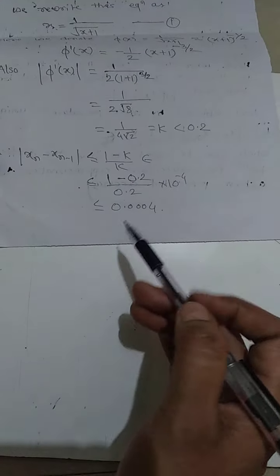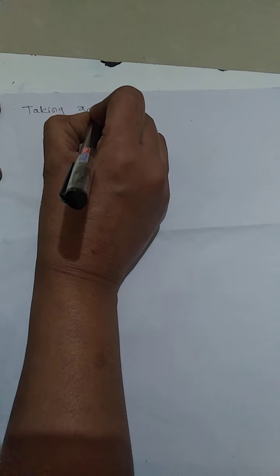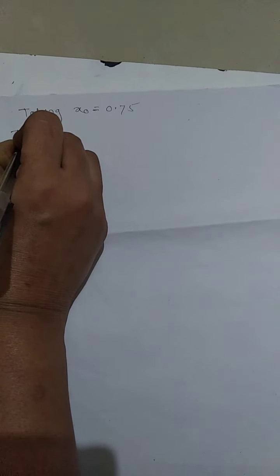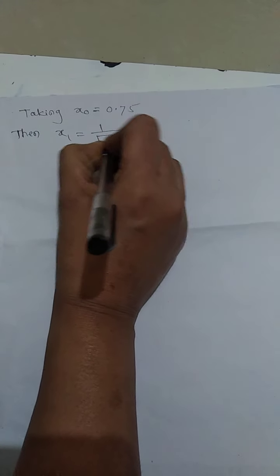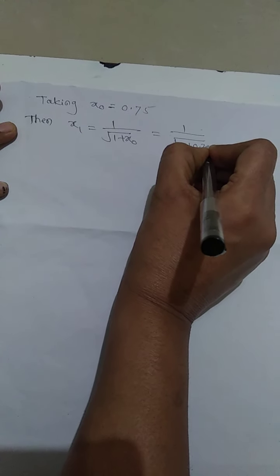Then this difference is given by this. Then taking here x0 less than 1, taking x0 is equal to 0.75. Then find x1. x1 is equal to 1 upon under root of 1 plus x0, and that is equal to 1 upon under root of 1 plus 0.75.